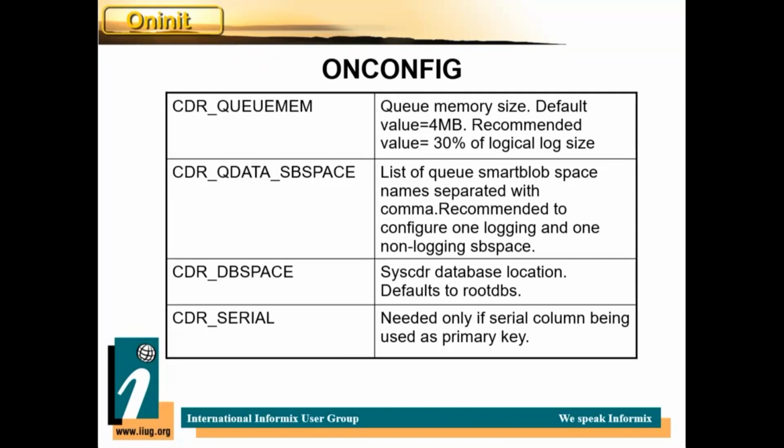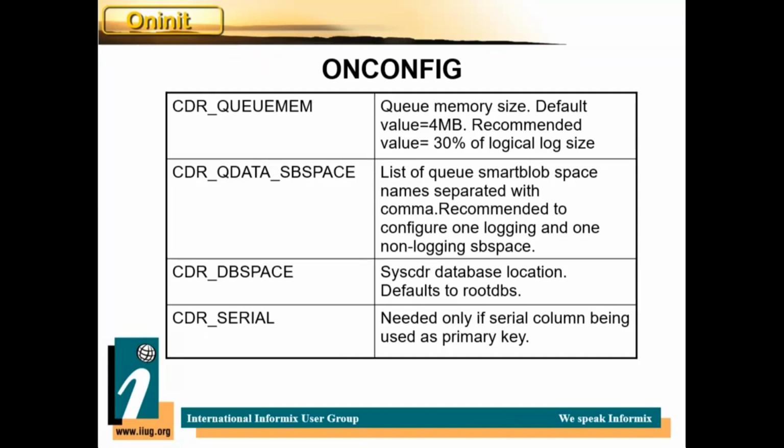As we all know, the last thing you want to do is store anything in root DBS. So we have a variable, CDR DB space. Sorry, I was on the next one down. CDR DB space is where your CDR database lives. The default is root DBS, which we don't want. So we would configure this prior to starting ER.